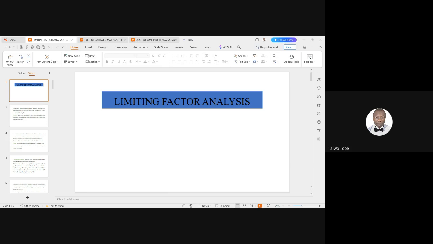Once you identify a limiting factor, the next thing to do is to determine the contribution per limiting factor. What will be the contribution that the limited resources can generate for the organization? The product with the highest contribution will be the product you allocate more resources to.